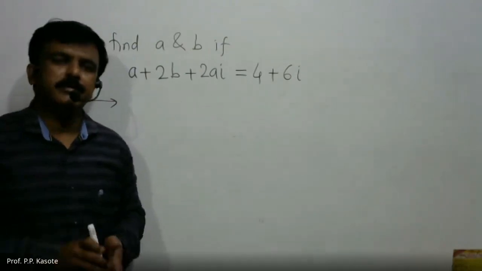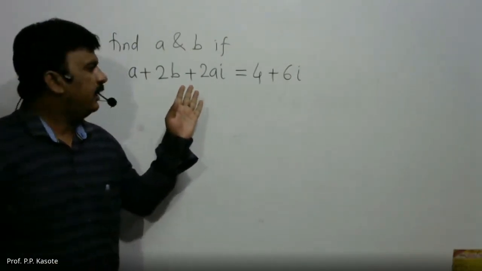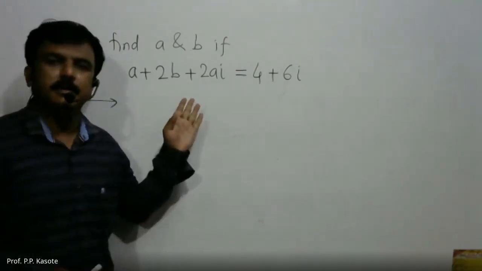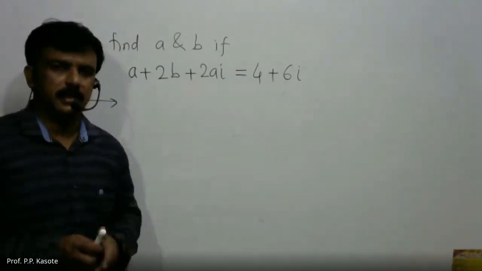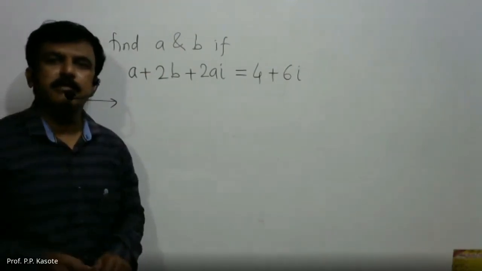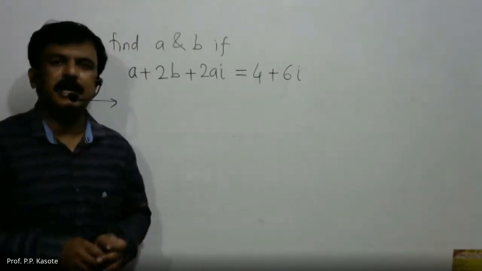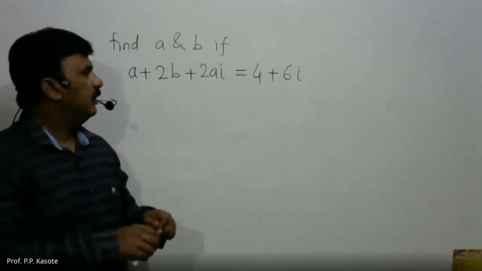Now the thing is, at the left we feel like there is no complex number. But if we rewrite the terms properly, we will be able to see that there is a complex number at the left hand side as well as at the right hand side.